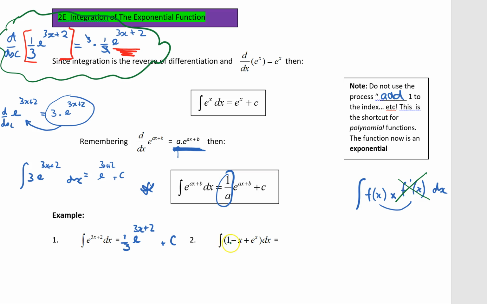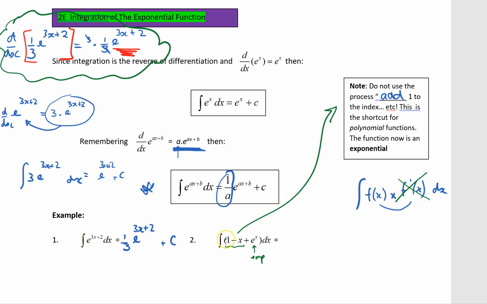Example 2, the integral of 1 minus x plus e to the x. Okay, well, if that e to the x wasn't there, and you were just integrating 1 minus x, you would be using this rule: add 1 to the index, divide by the new index. So the question here is made up of a very simple polynomial and an exponential.